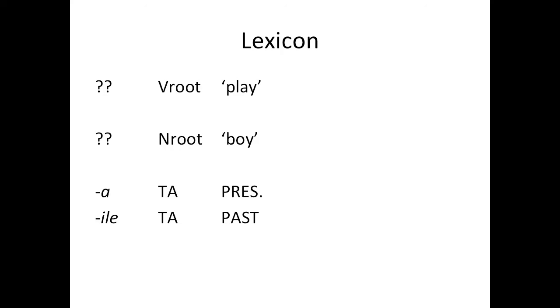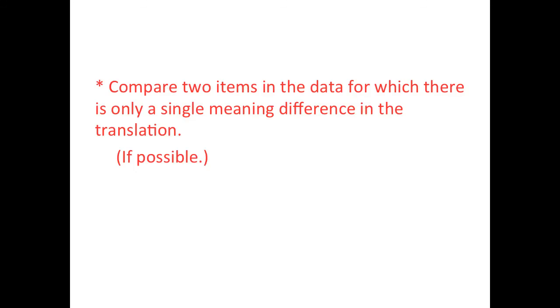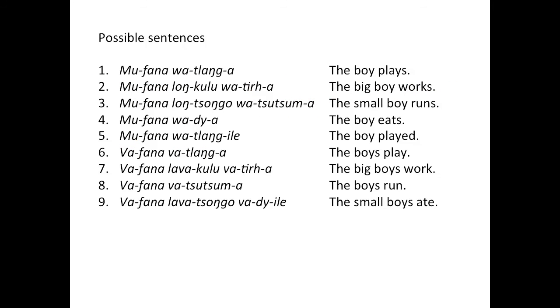But that does lead me to something else that I wanted to say. Recall that I advised that usually when we approach problems like these, the best thing to do is compare two items in the data for which there is only a single meaning difference. But recall also that when we were comparing the English translations, I noted that the first sentences all translated with boy, singular, whereas the second lot of sentences translated with boys, plural, as the subject.